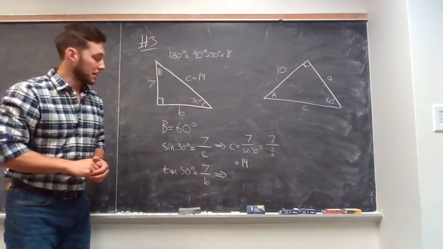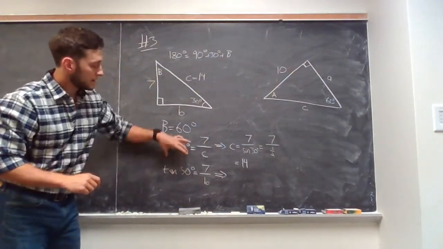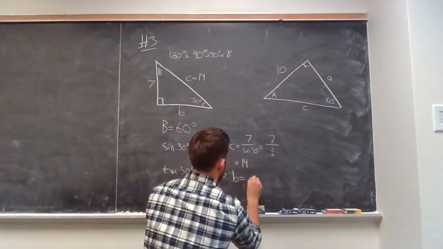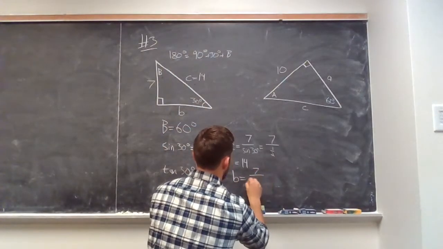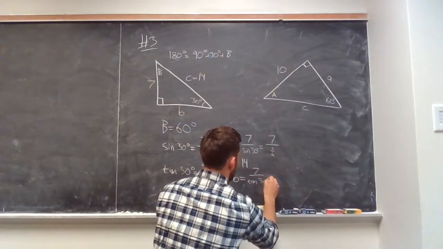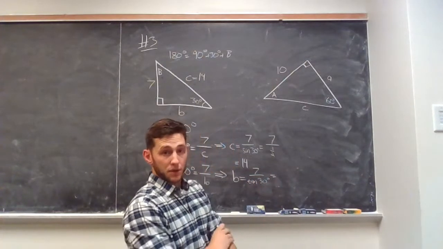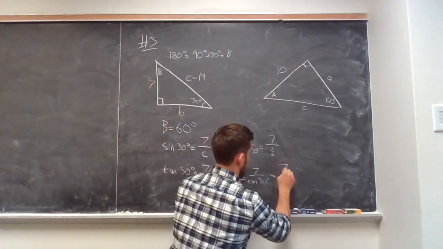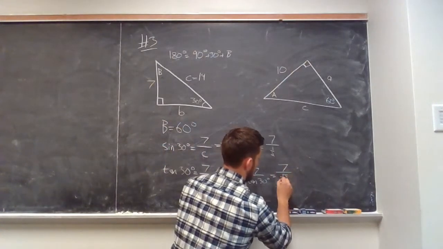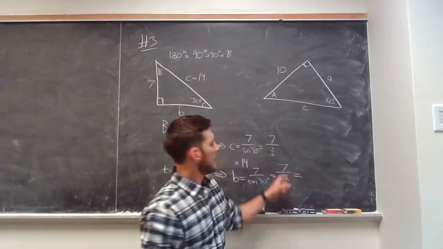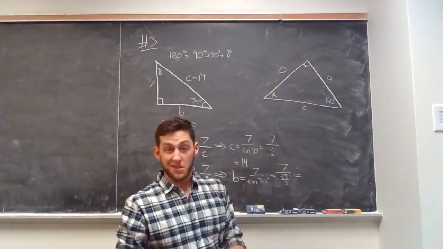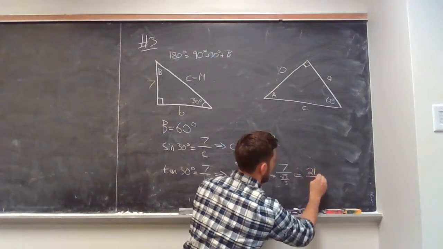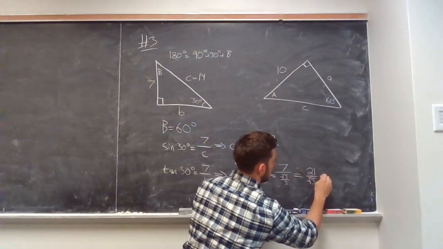Playing the same game with it, we notice that if I multiply out by B, divide over by tangent of 30 degrees, I get that B equals 7 over tangent of 30 degrees. Tangent of 30 degrees turns out to be square root of 3 over 3. I can multiply up by the reciprocal, similar to the last problem, and I'll get 21 over square root of 3.